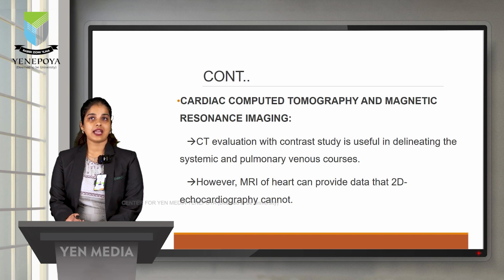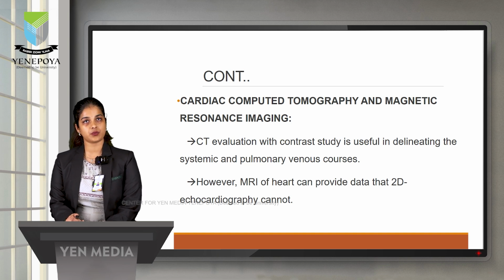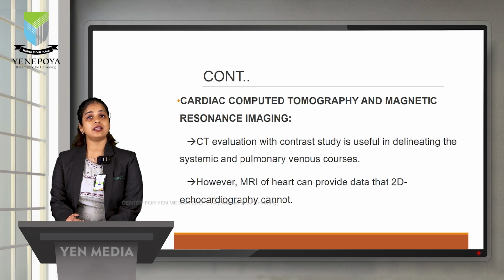Coming to cardiac CT and magnetic resonance imaging, which are useful. CT evaluation with a contrast study is useful in delineating the systemic and pulmonary venous connections, that is, the attachments of the systemic veins and pulmonary veins. MRI of the heart can provide data that 2D echocardiography cannot.